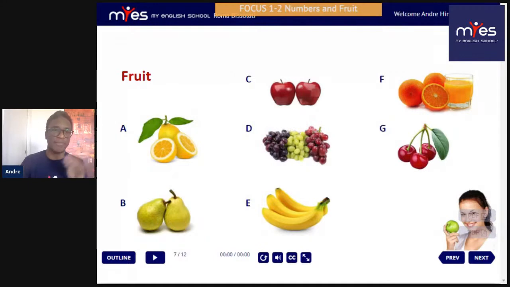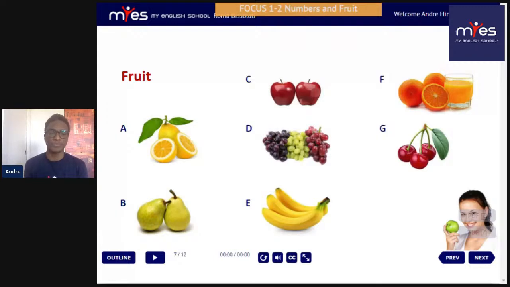Now, let's see if you can remember. So, A. What is A? Is it singular or plural in this picture? Picture A. Is it singular or is it plural? I think it's plural. So we have 3 lemons. Great.